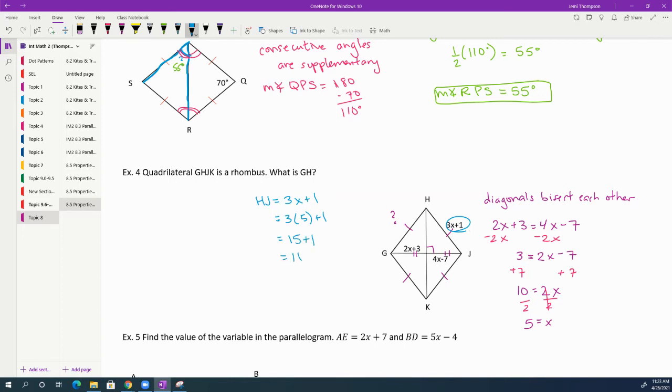When I plug it in and simplify, I get 16. Well, HJ is equal to GH. So therefore, I know GH is also 16.